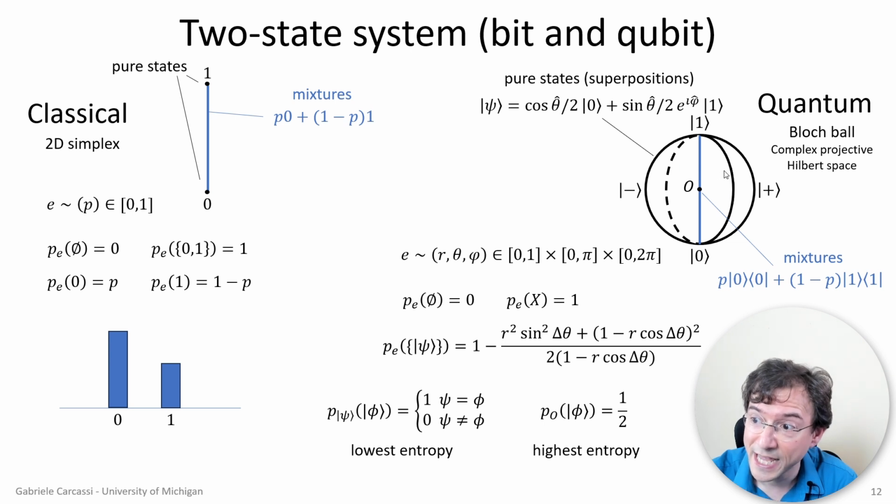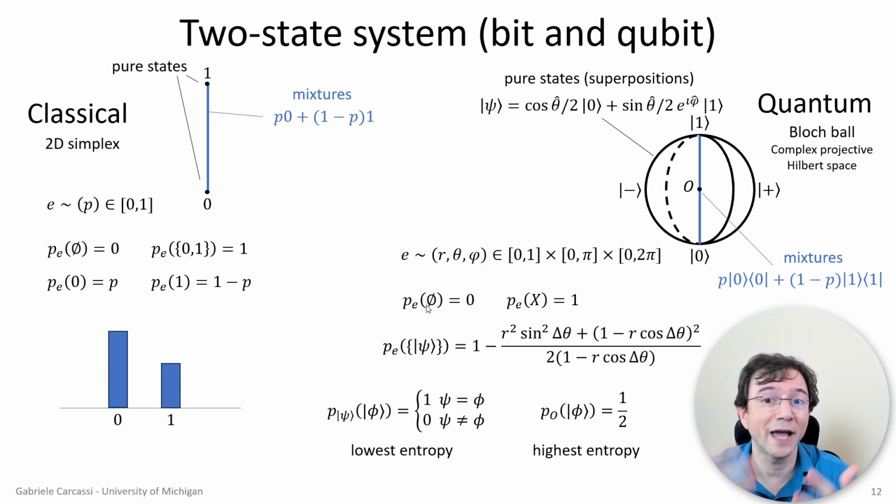Any density matrix can be parameterized by three numbers: the radius from 0 to 1, then the azimuthal angle, and the longitudinal angle. Now if we pick an E that is parameterized by these numbers, we can calculate that measure, and we're going to do this for three simple cases. If we have the empty set, then of course the probability is 0.